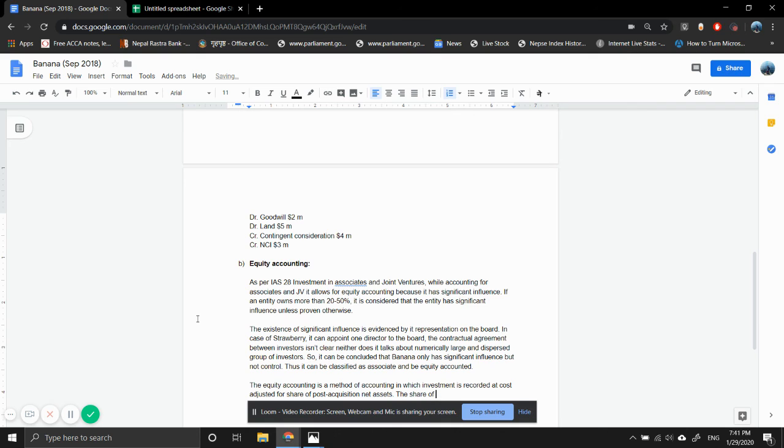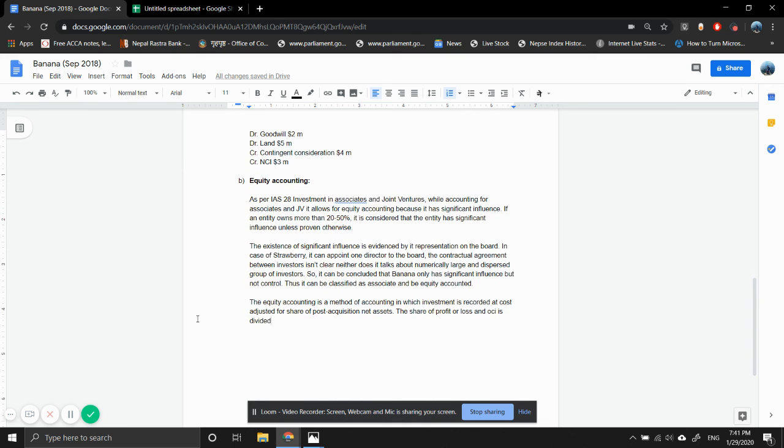Share of profit or loss and OCI is divided as per holding.